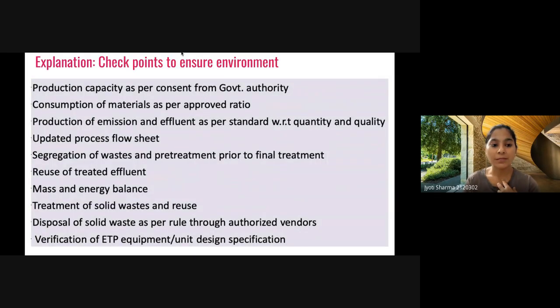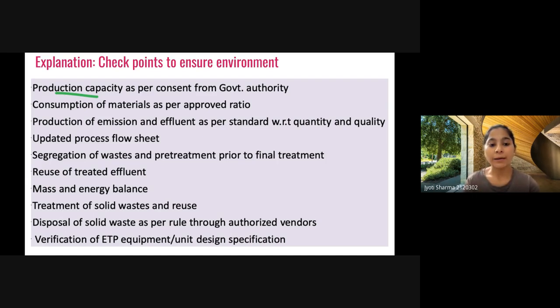These are also some checkpoints that we have to see. We should know what production capacity an industry has. It should not be overloaded, right? So production capacity should be as per what the government authority has given access for. Okay.